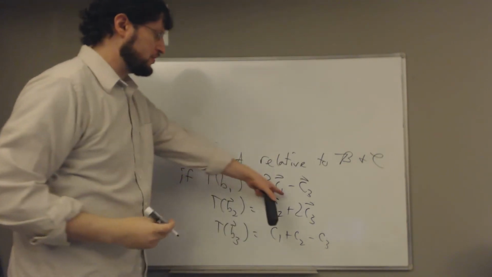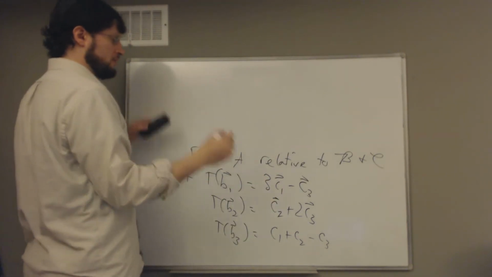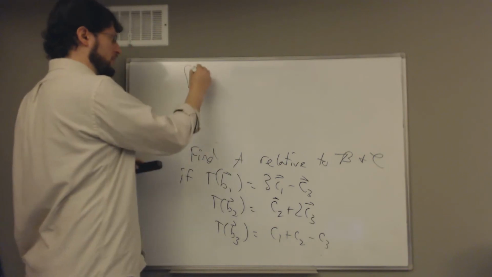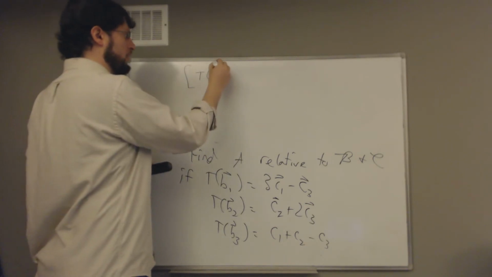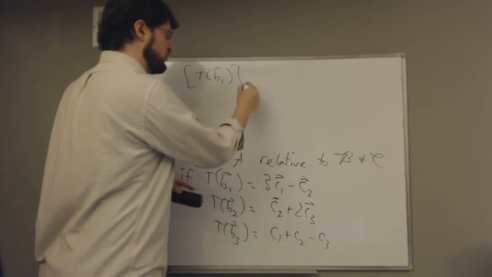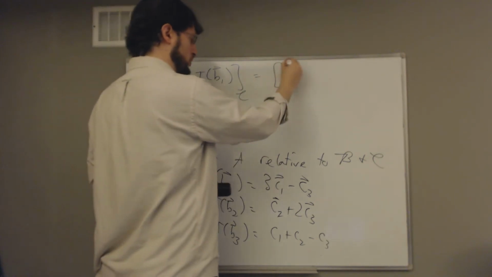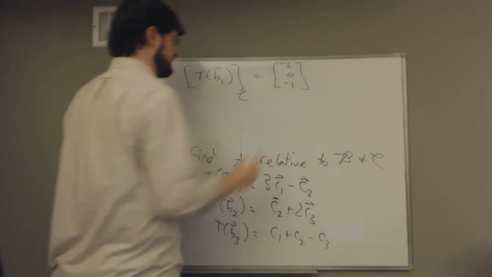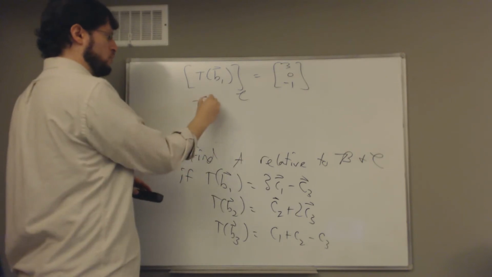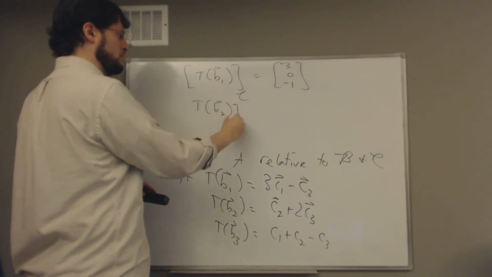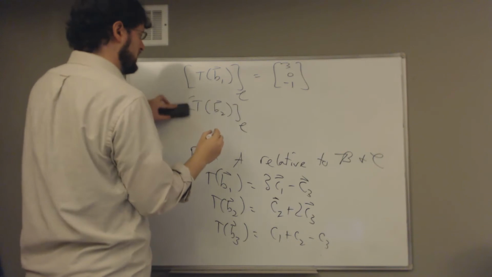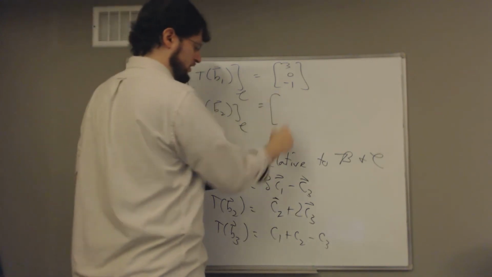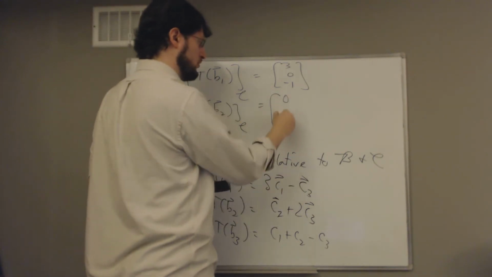Since T of B1 is 3C1 minus C3, really we're looking at the coordinates of T of B1 relative to C, and we get 3, 0, minus 1. We need the coordinates of T of B2 relative to C, and we get 0, 1, 2.